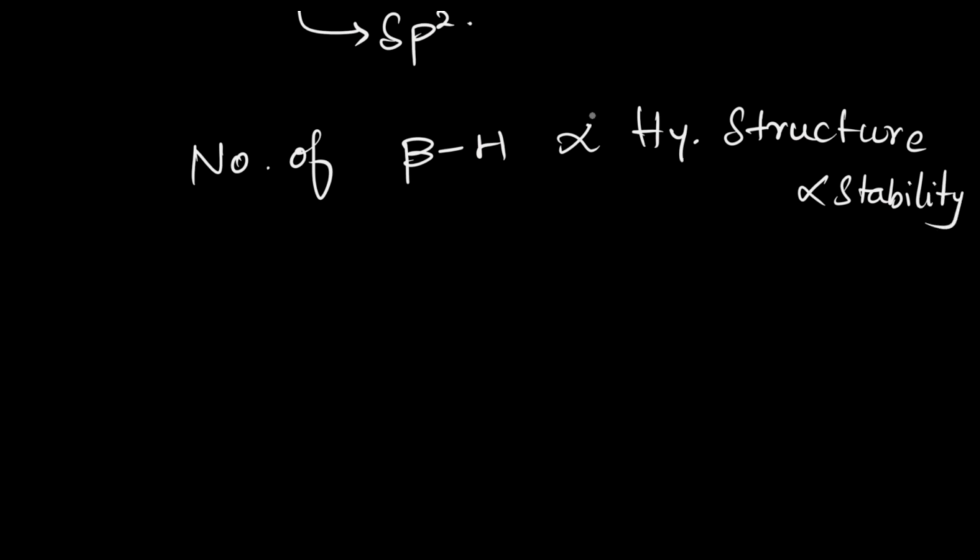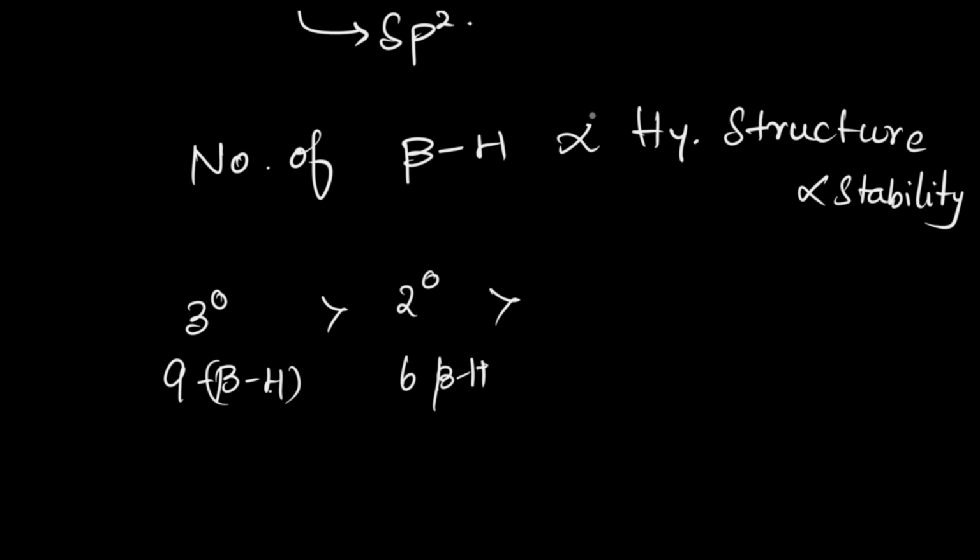For example, a tertiary carbocation will have 9 beta hydrogens, correct? So it will be more stable. Then secondary, which has 6 beta hydrogens, and then comes primary, which has 3 beta hydrogens.